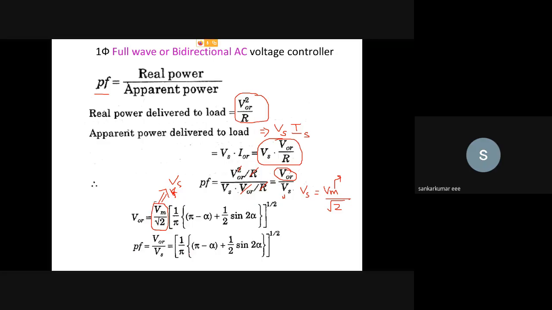So the net power factor is equal to 1 by pi minus alpha plus sine 2 alpha by 2, to the power of 1 by 2. This is the power factor for the bidirectional AC voltage controller. These expressions will be useful for solving problems, right?